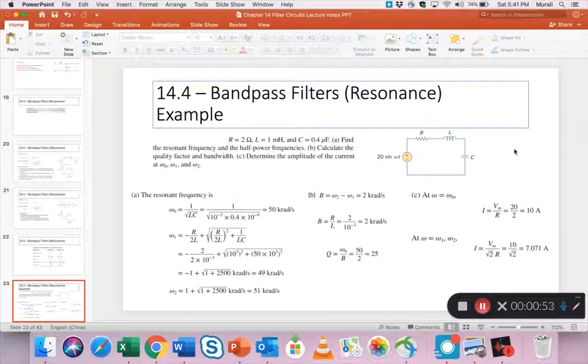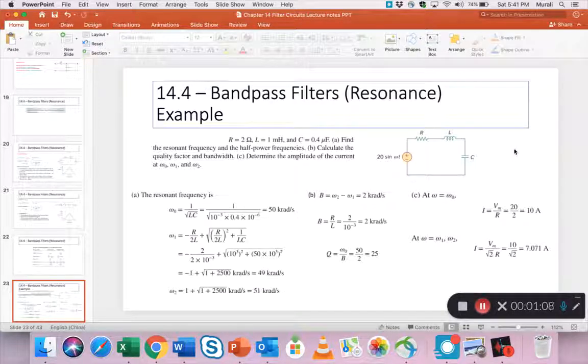So mostly what we are going to do in this session is to look at the examples and some problems for band pass, band stop, and some active filters.